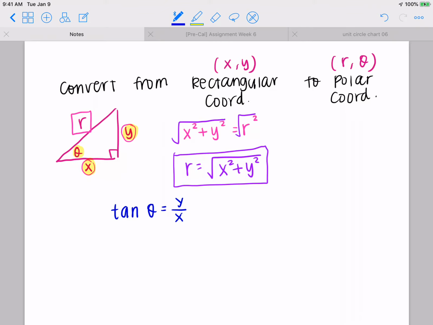And then to have theta stand by itself, we have to do the inverse of tangent. So it gets canceled out. And then theta now would equal inverse tangent of y over x.